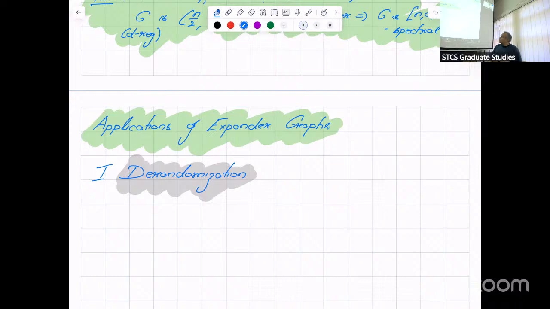One of the applications of expander graphs: when I talk about applications, it's not just the fact that these graphs exist. We will use the fact that we can explicitly construct them, in fact a fully explicit construction. We saw three examples of constructions last time. We saw the Margulis construction, which was fully explicit.